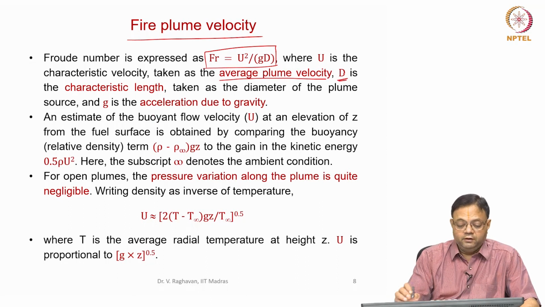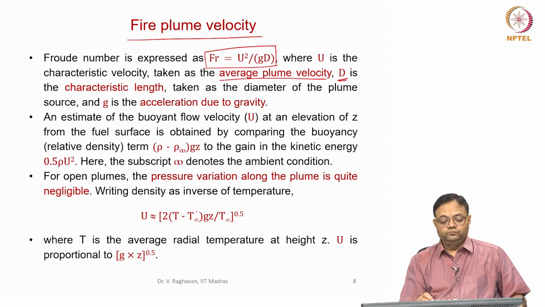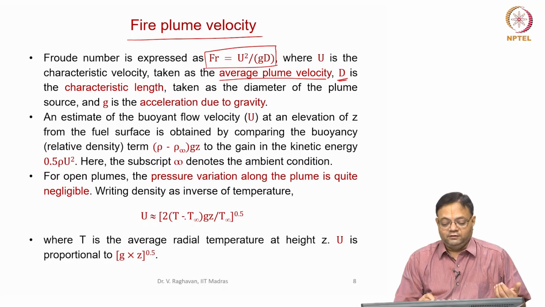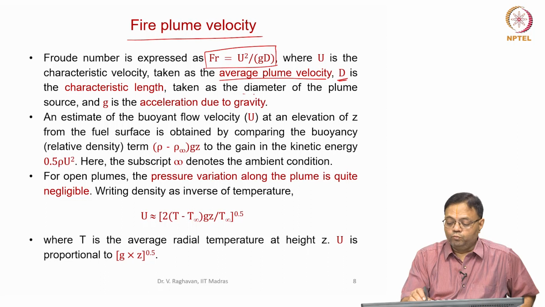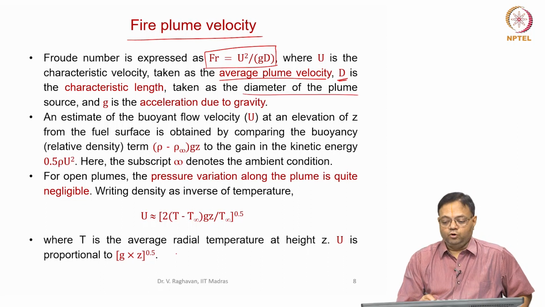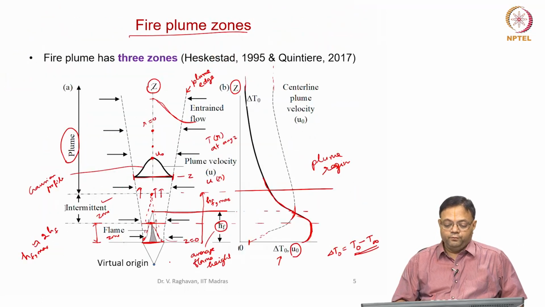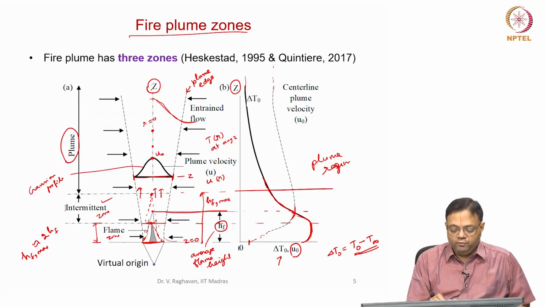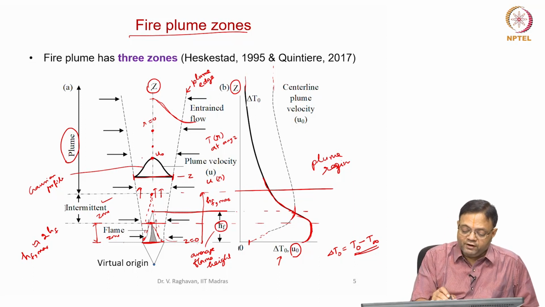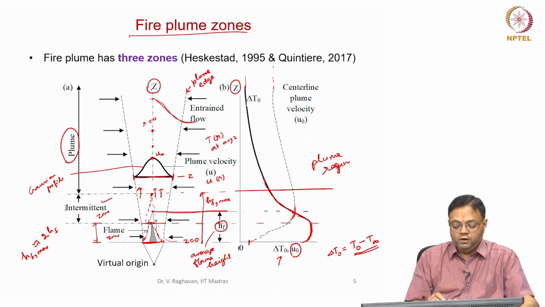D is the characteristic length, so we can take that as the diameter of the plume. What do we mean by the diameter of the plume? Again go back. Let us say this is a circular base, so this is the radial direction and this is the axial direction. At every z, there is a given diameter for the plume.